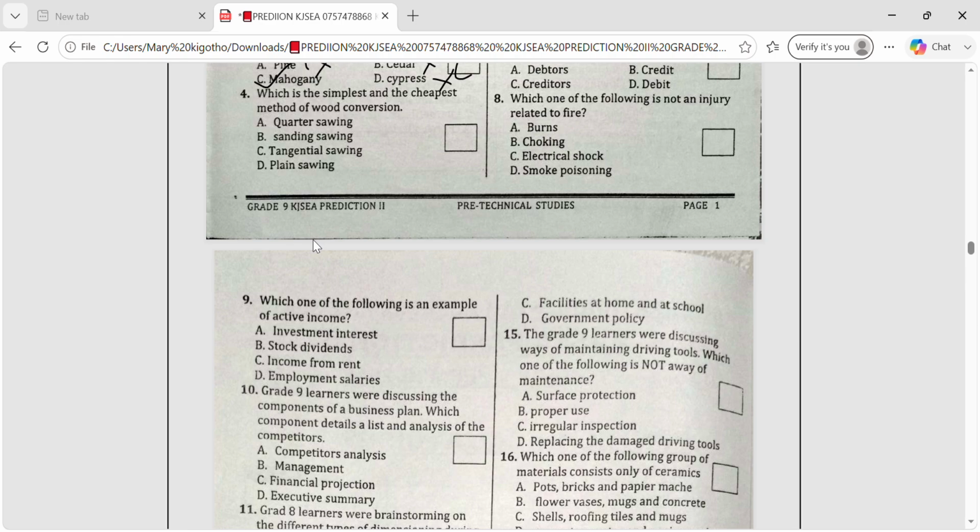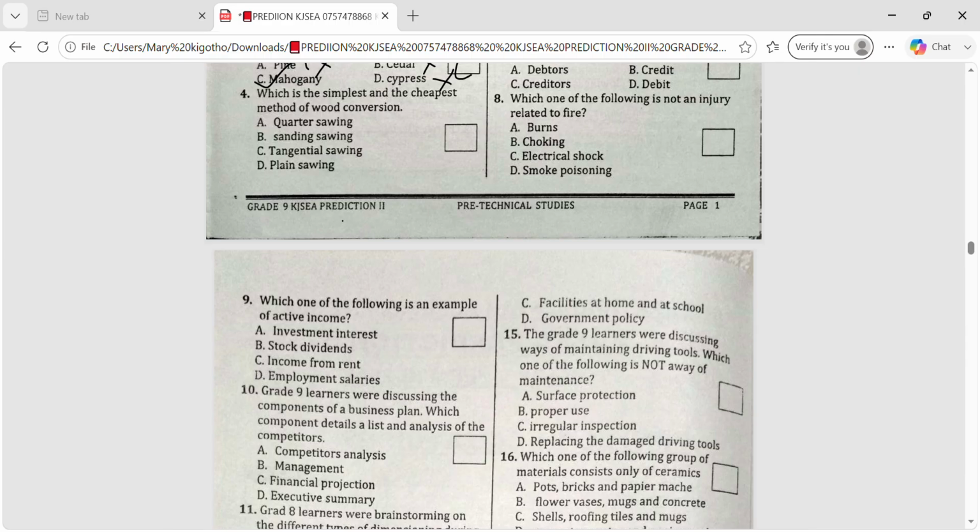Which is the simplest and cheapest method of wood conversion? You can pause the video and answer the question. I'm giving you 4 seconds. Okay, let's continue with the video.